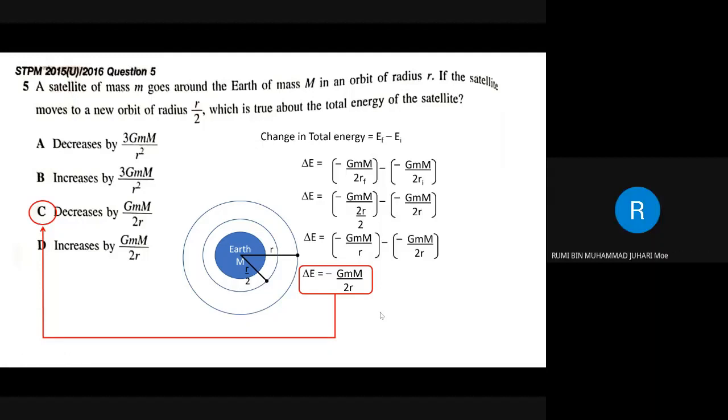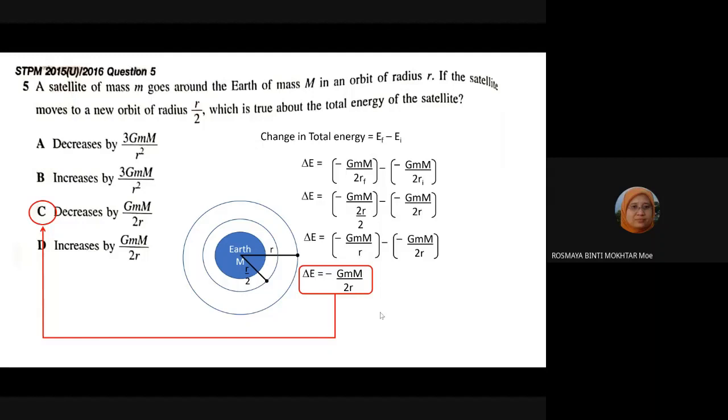I was wondering, when they say total energy, does that mean we are referring to the gravitational potential energy? Yes. Potential energy plus kinetic energy. E, the total energy, is the total of potential energy and kinetic energy. We have proved this equation in one of our lessons.